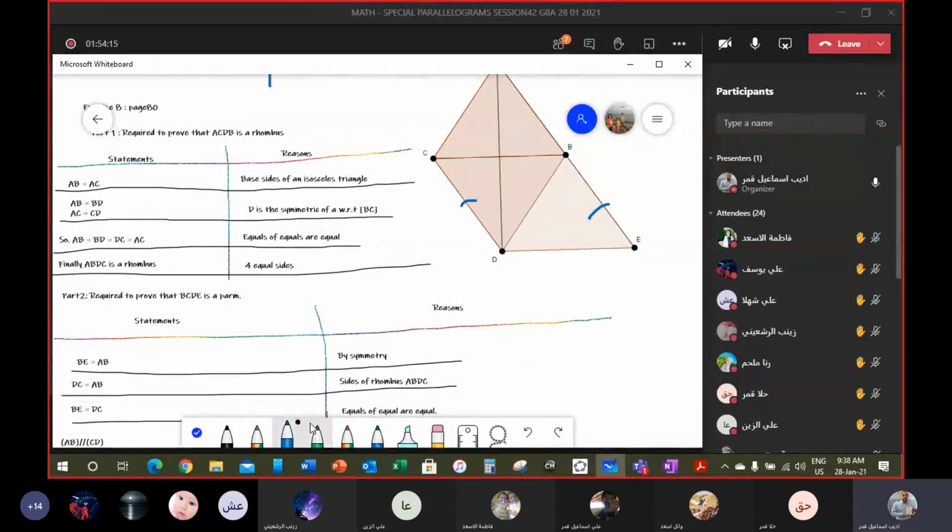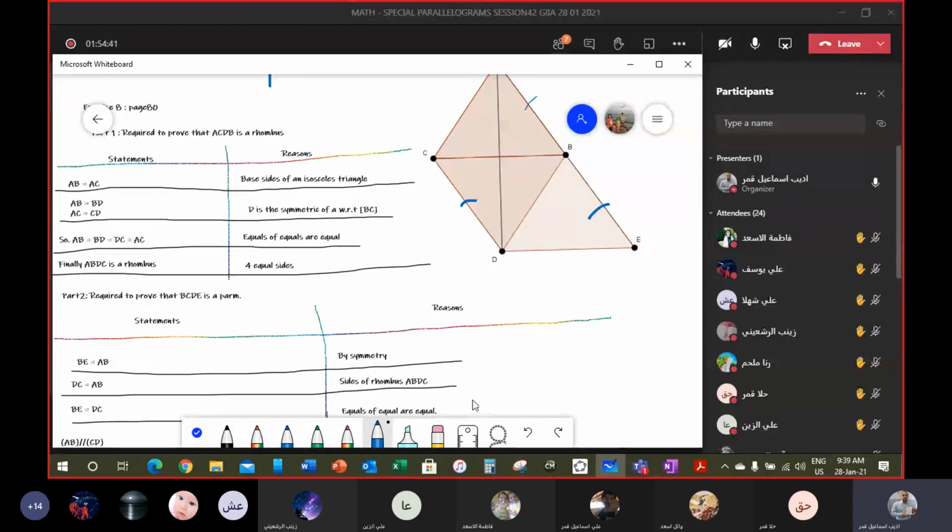BE equal AB by symmetry, and E is the symmetric of A with respect to B. And AB is equal to what? To CD. AB equals DC, opposite sides of a rhombus, this and this, opposite sides of a rhombus. Then BE equal CD, equals of equal are equal.